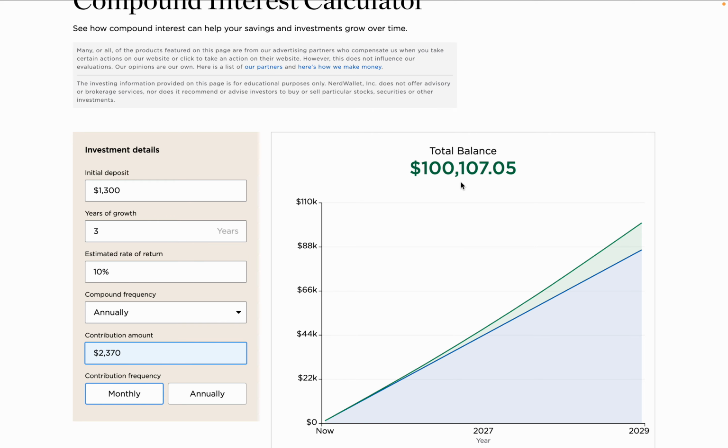Now, I completely understand that not everyone can invest $1,000, $1,700, or even $2,300 every single month. Please don't let these numbers discourage you. If all you can invest is $25, $50, or $100 a month, that's perfectly okay. The most important thing is to start.